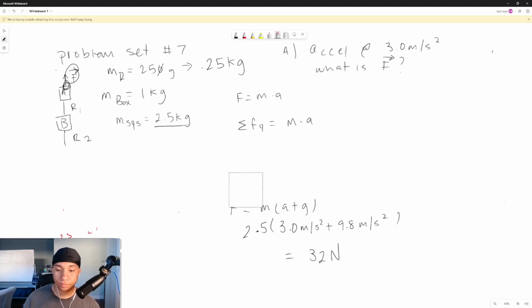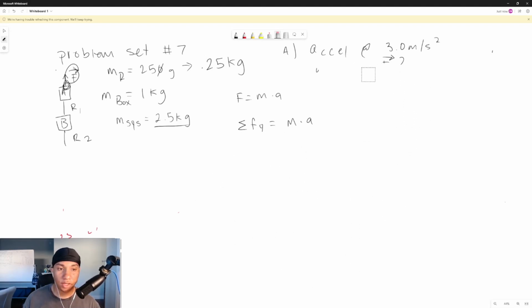In order to solve for the next part, we need to keep the same acceleration. So let me put the acceleration of the whole system as 12.8 meters per second squared, because that acceleration is going to be the same throughout the whole system. This is the acceleration component of this force.